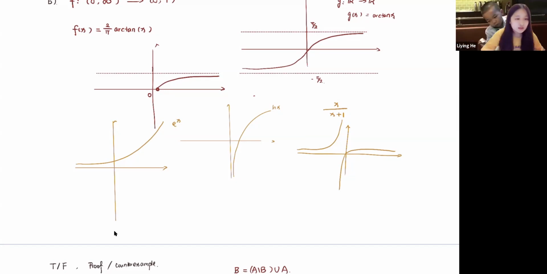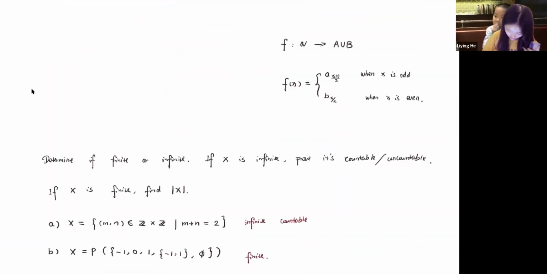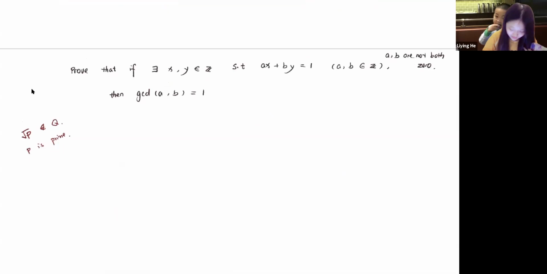I'm back. Let's see. GCD of a and b equals 1. Oh, it's not prime numbers.